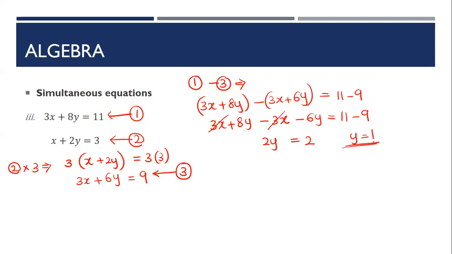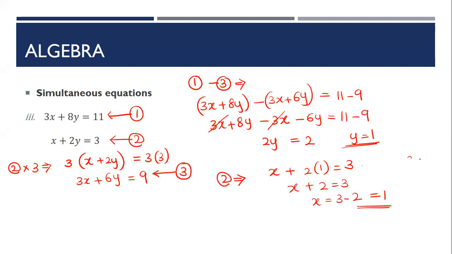So y value is 1 and I apply this value to the second equation. My second equation, x plus 2y is equal to 3. So x plus 2 is 3. x is 3 minus 2, so that is 1. So we are getting our answer: x is 1, y is 1.